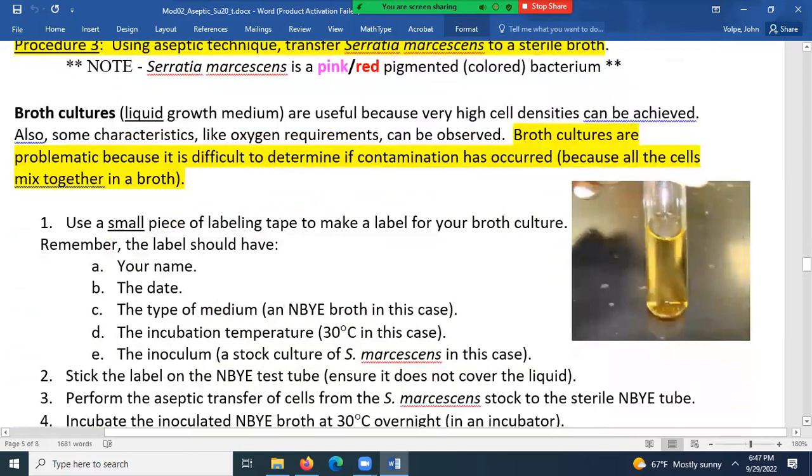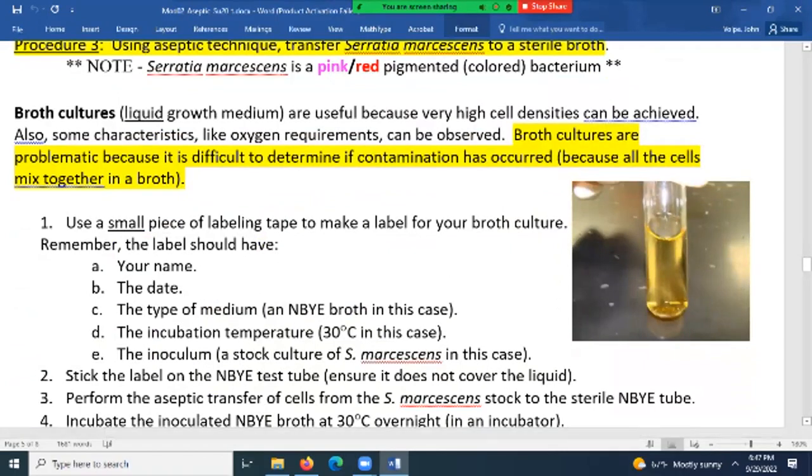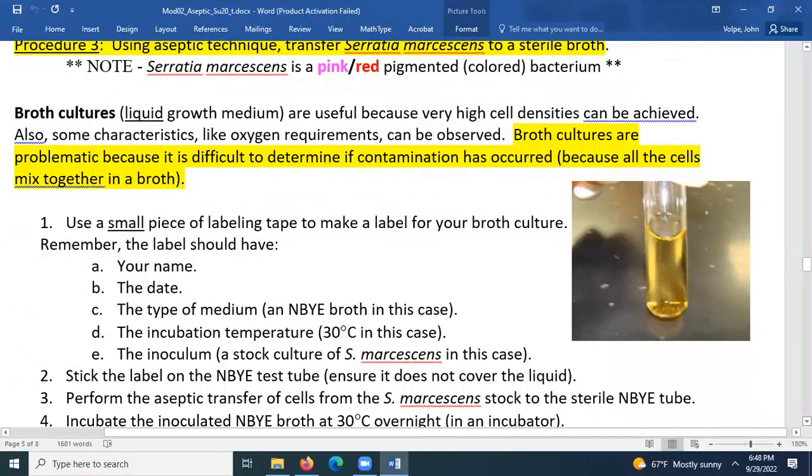Broth cultures are problematic because it's difficult to determine if contamination has occurred because all the cells will mix together in the broth. And so you won't see one colony of one type and another colony of a second type. They will all look similar because they're all mixed together.